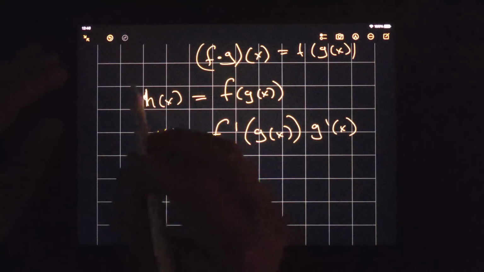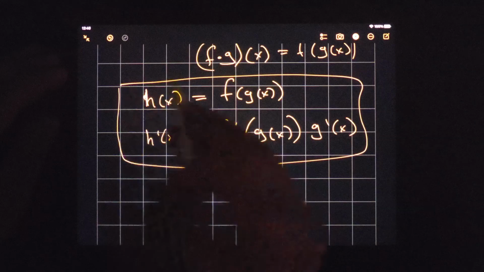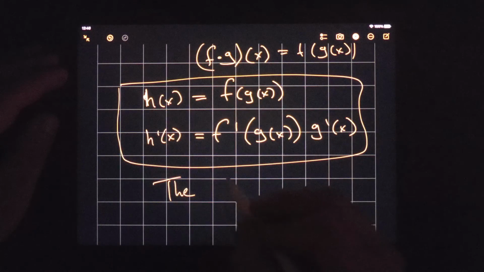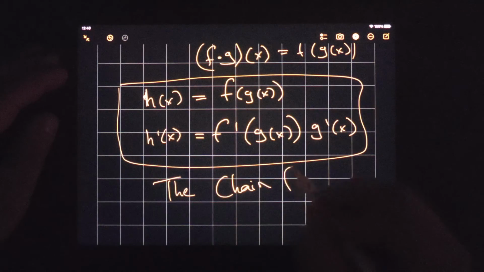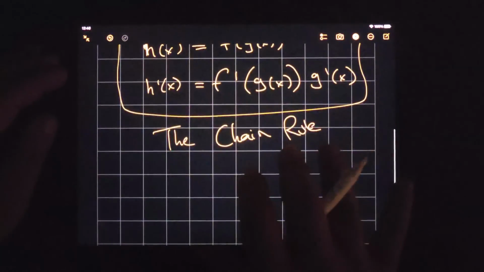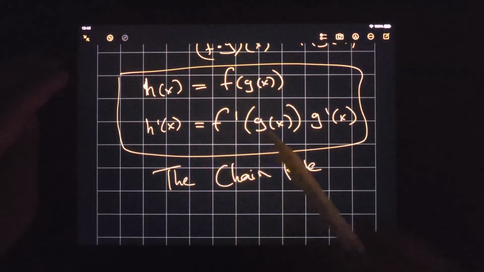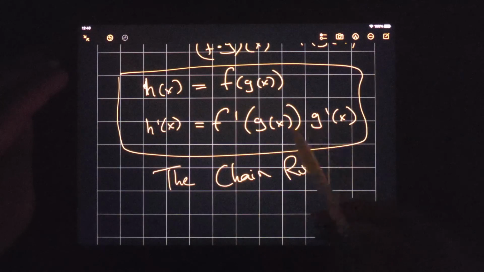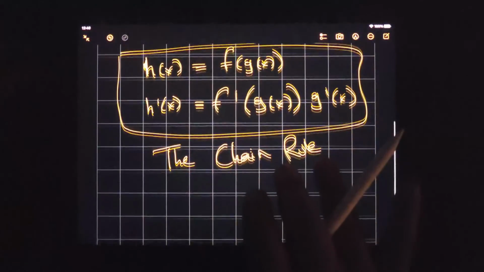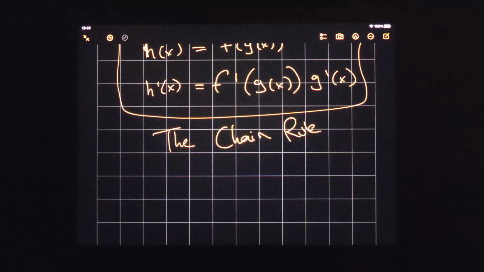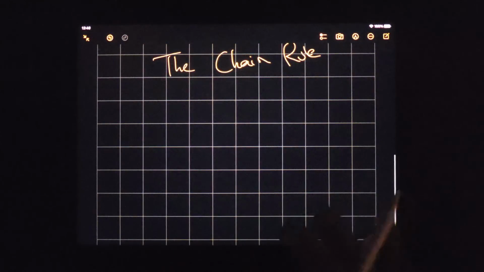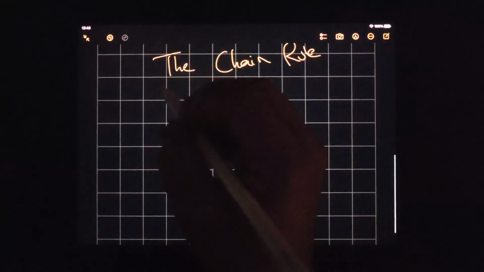So this is the chain rule. I don't know why they called it the chain rule. I'm guessing because you've got to bring this one along with the next link in the chain, but I didn't name them.